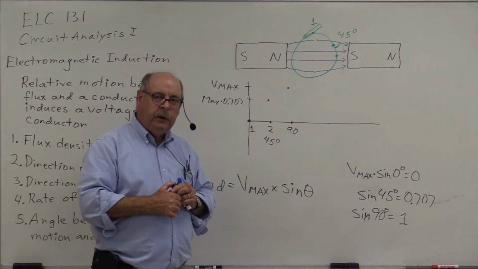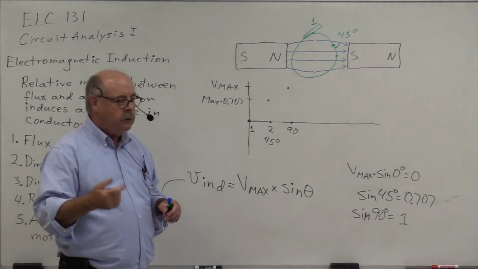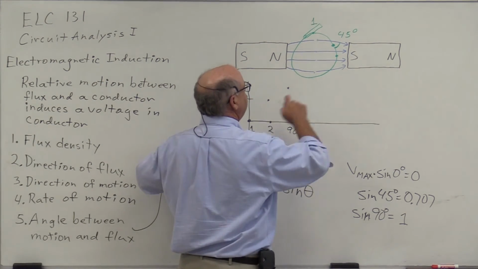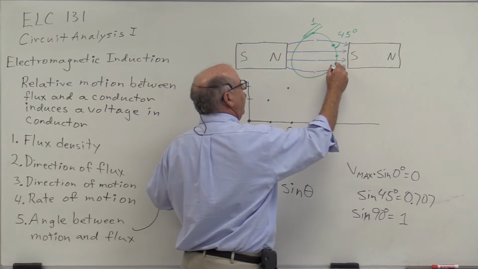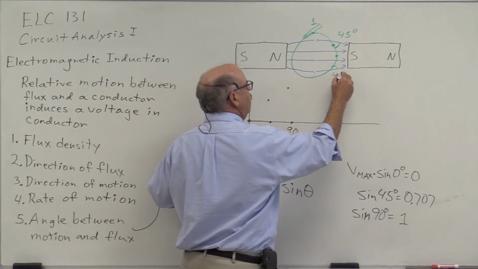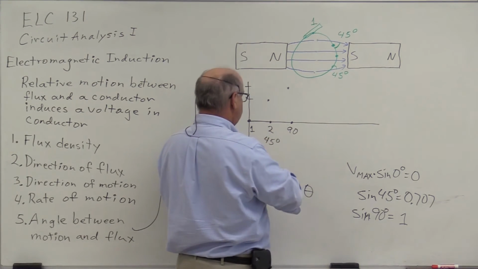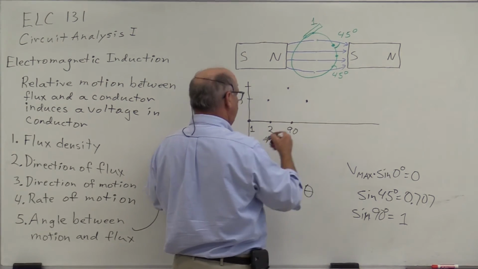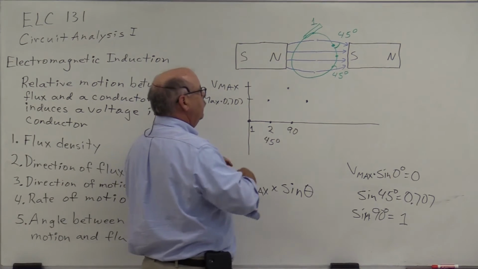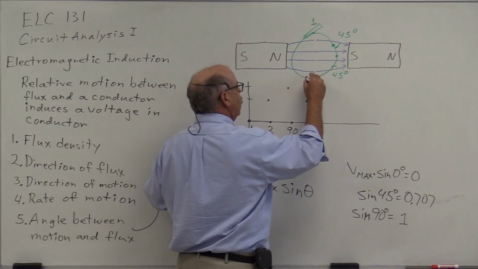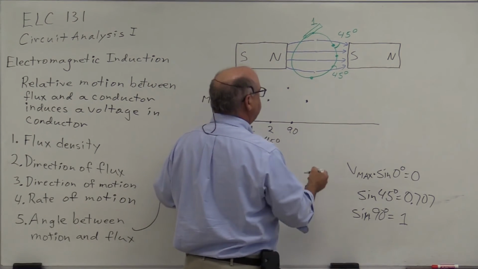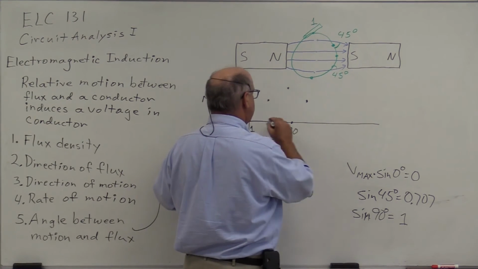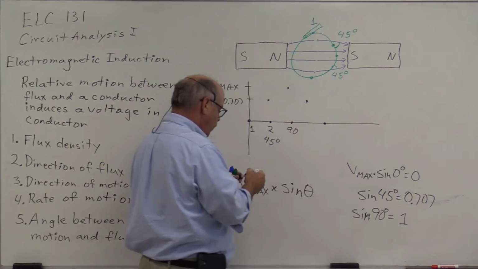Now, as I continue around the circle and get to this point, again, my angle here is 45 degrees. So I'm back to this point and all the way down at the bottom. Again, I'm at 0 degrees. So the induced voltage is 0.